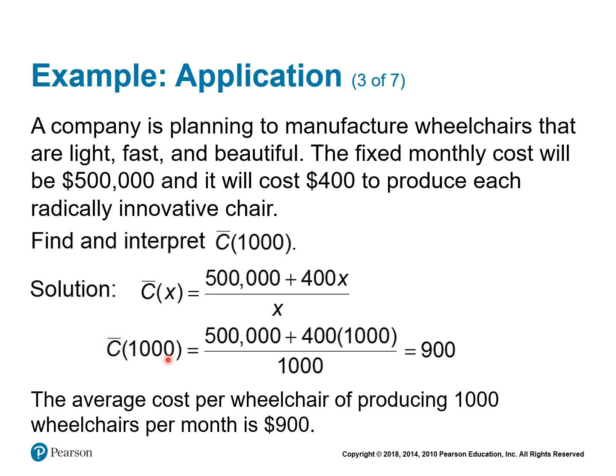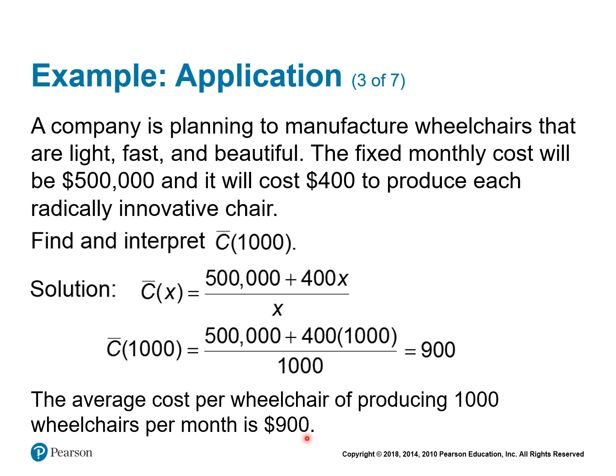C bar of 1,000, just plug in 1,000 wherever there is an x. So (500,000 plus 400 times 1,000) divided by 1,000 equals 900 when we complete this evaluation. So the average cost per wheelchair of producing 1,000 wheelchairs per month is $900.